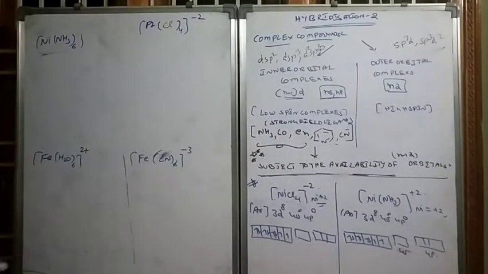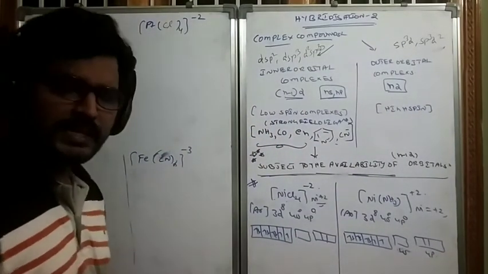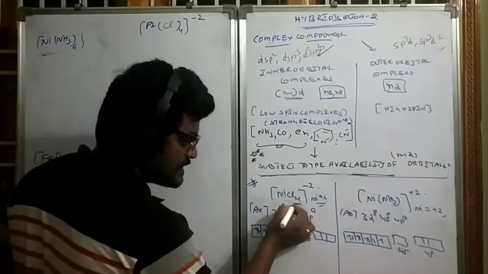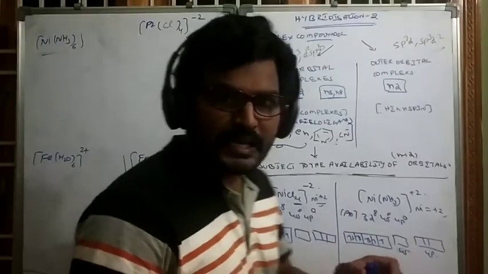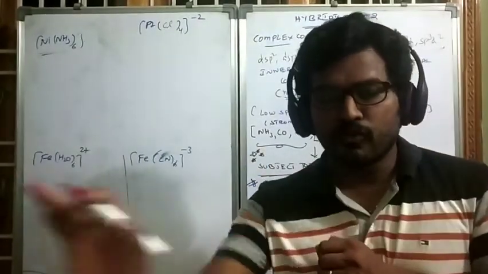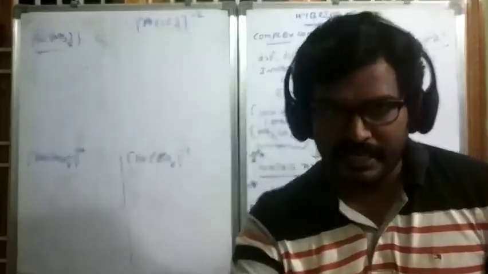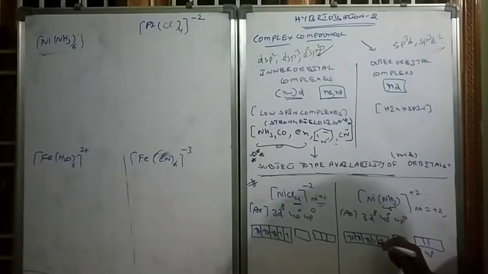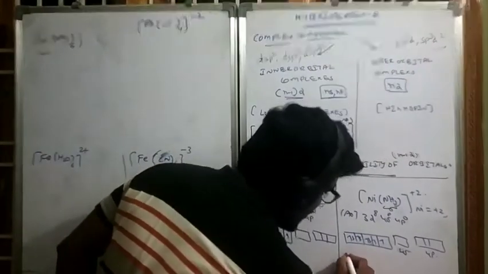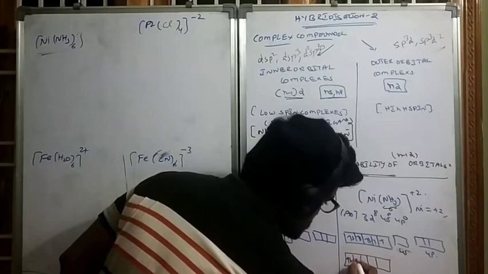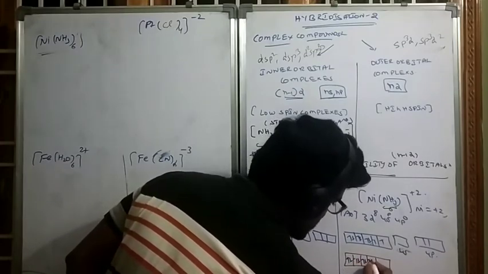So let us see, in this case, always remember a strong field ligand is coming, which, because of the electron pair on it, will force the incoming electrons to get repelled. Since this electron density is repelling the existing electrons, the electrons will pair up, 1, 2, 3, 4, 5, 6, 7, 8.